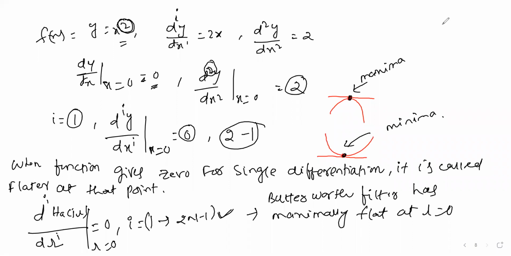Okay, so this is the way. This is a very important property. The Butterworth filter has maximally flat response at omega equals 0.